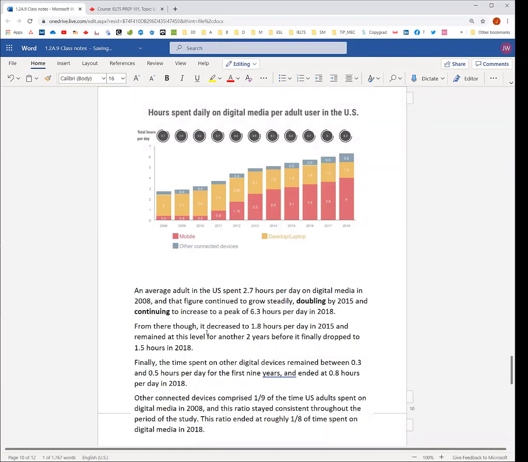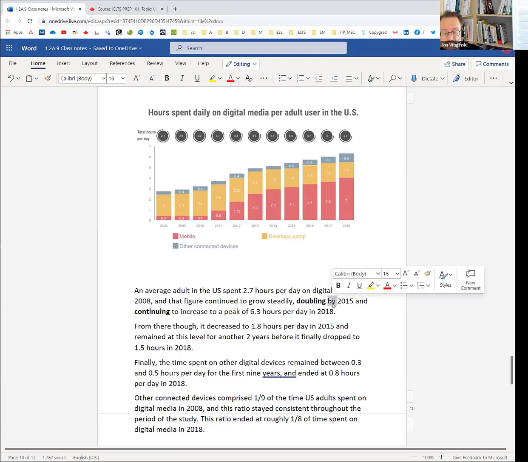Can I continue as a passive? Can I say doubled by 2015 and continued to increase? No. No, doubled would be it was doubled by. Right? I think this is causing some confusion. By doesn't mean by a person. This is just by the year, right? Yes.